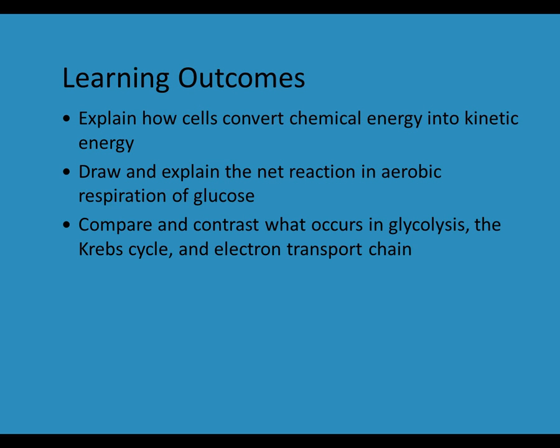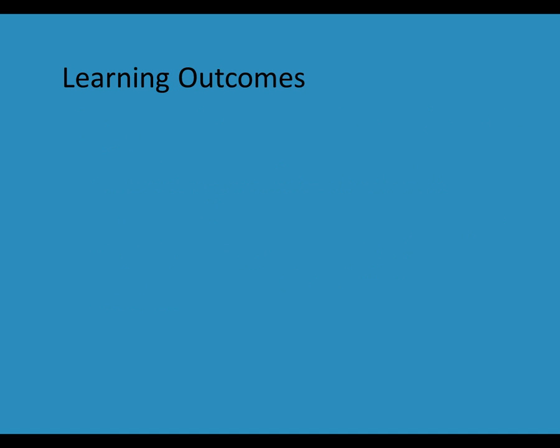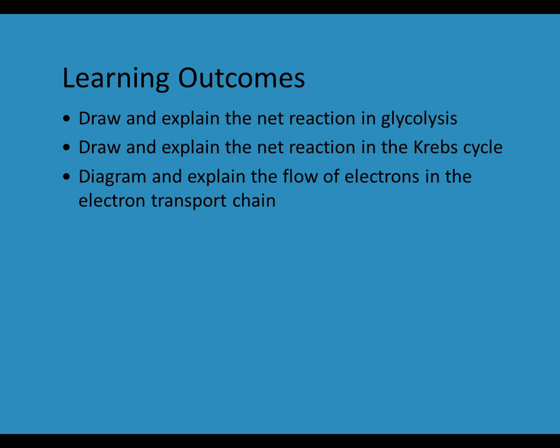We're going to start with glycolysis, the Krebs cycle, and a familiar term called the electron transport chain. A lot of the reactions will look similar to photosynthesis. We'll talk about where 2 of the reactions occur within a mitochondria, and then we'll go in better detail on the glycolytic pathway, the Krebs cycle, and the electron transport chain.